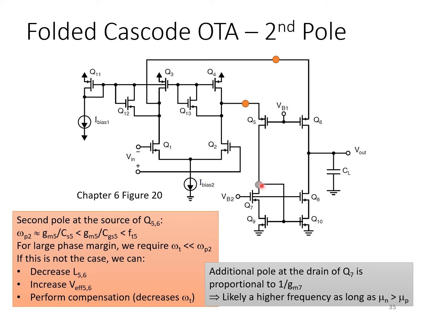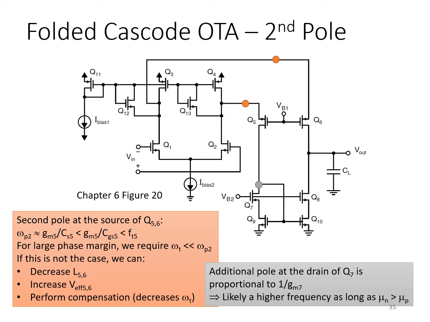So again, a fair number of parasitic capacitances associated with this node, and 1 over GM small signal resistance, 1 over GM9 in this case. So, although clearly it depends on the precise details of the sizing of the various transistors here, if I had to guess, I would say it's more likely to be this node here.